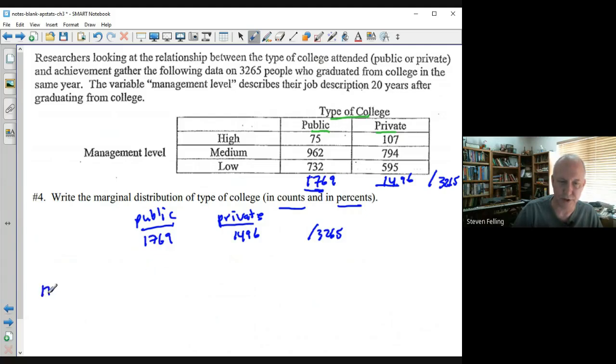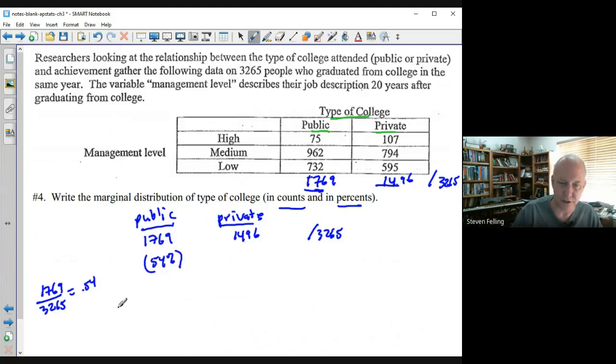Let me show that over here. So if I did 1769 divided by 3265, that would give me in a calculator the decimal 0.54 approximately. So I could write that as 54%, or I could write it as 0.54. So 54% of the people graduated from a public college.